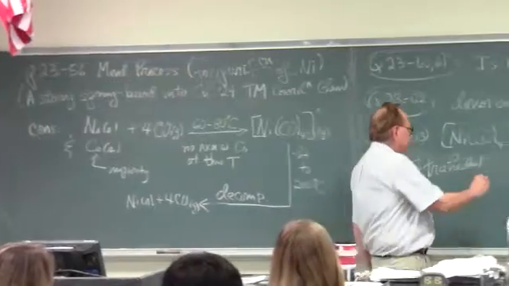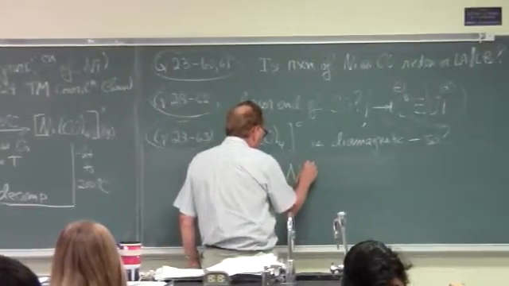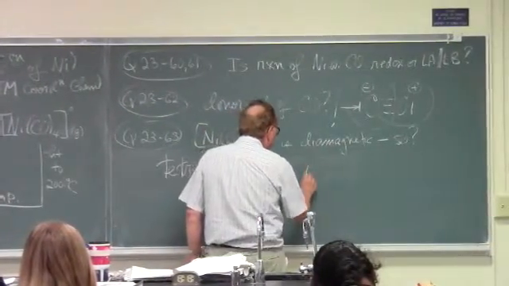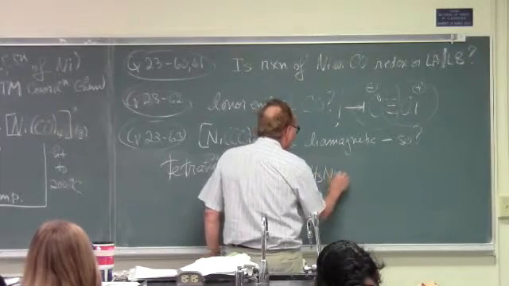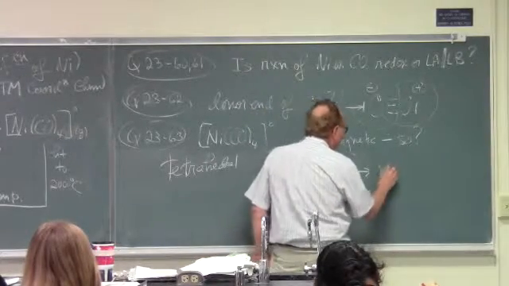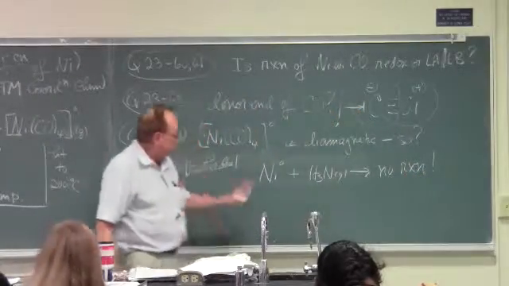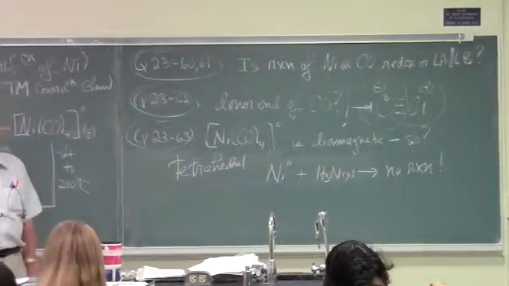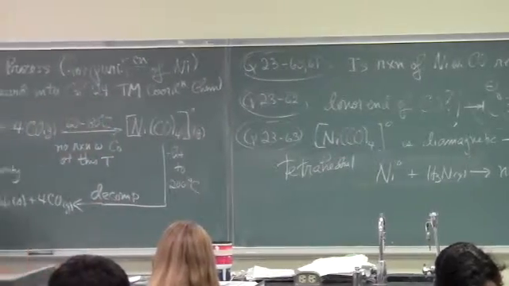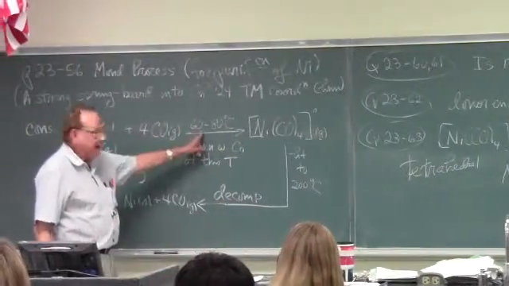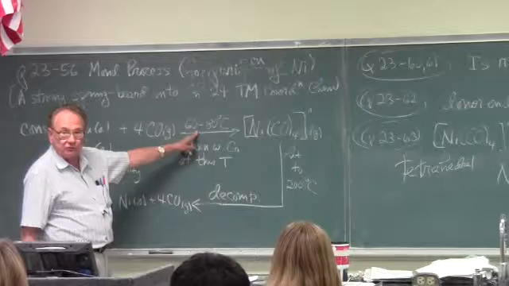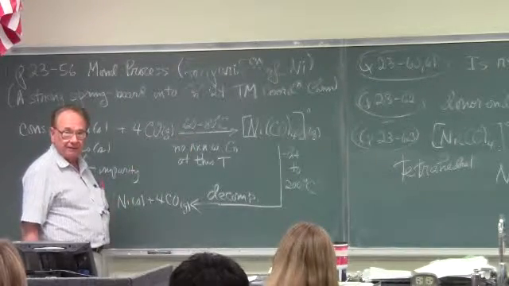Nickel metal plus ammonia is strictly no reaction. I don't care what conditions you establish, you won't get ammonia to react with nickel metal. But nickel and carbon monoxide are reacting, and not at particularly unusual or stringent conditions.